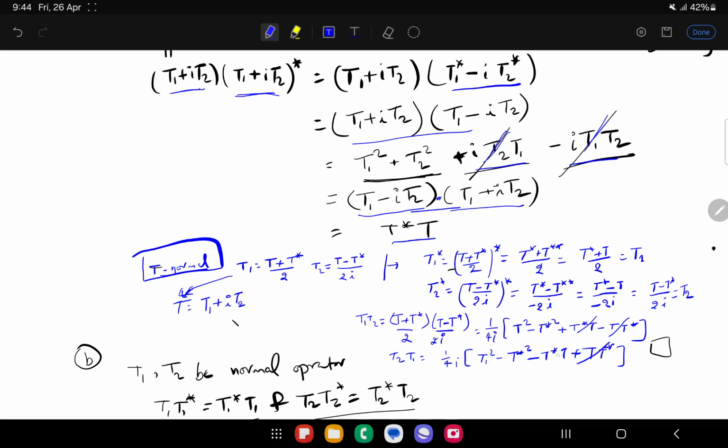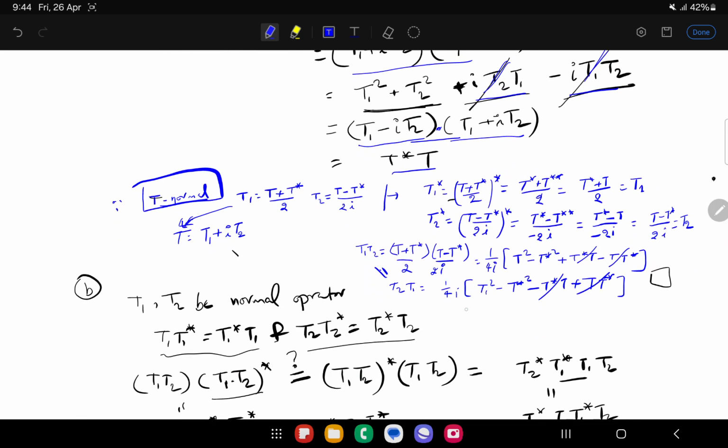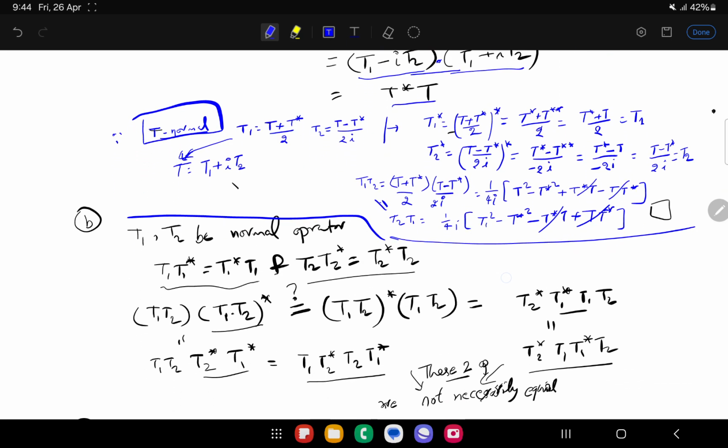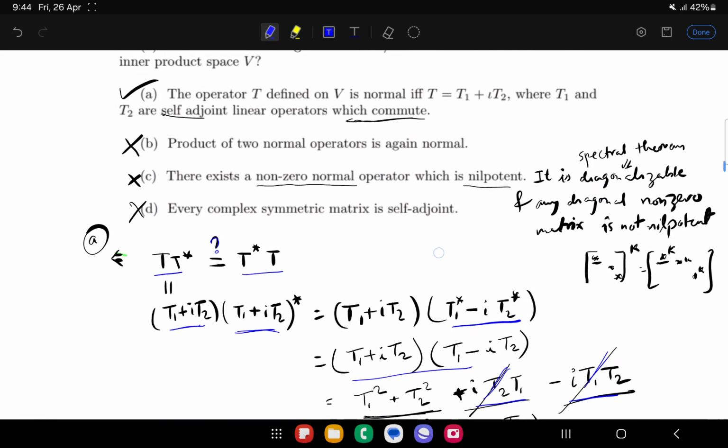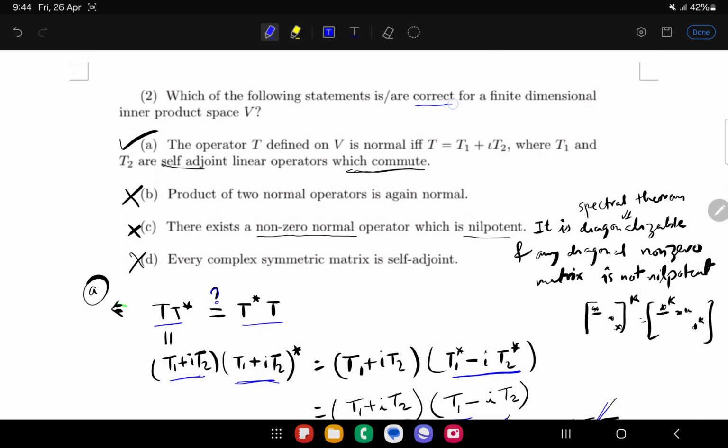But again these two will cancel out because t is normal. So we have these two equal, so t1 and t2 commute. This was left the first time, but this time I have done it. So we have all conditions, so the first option is correct. We have to choose the correct statement, so the first option is correct.